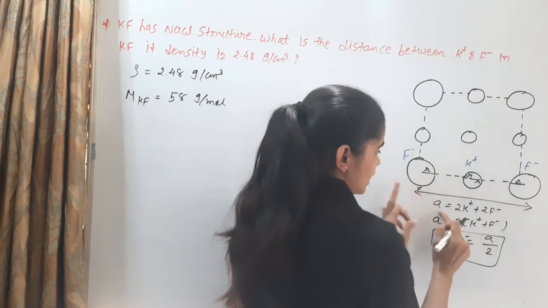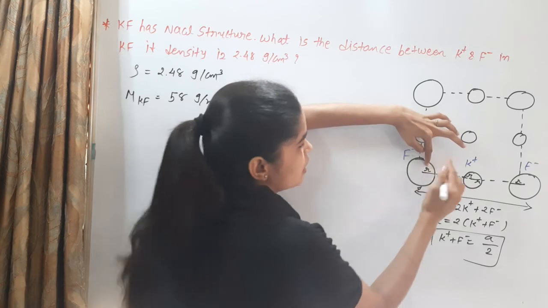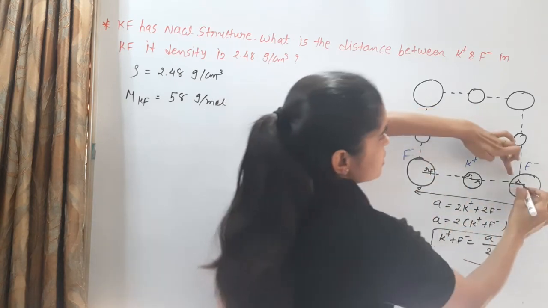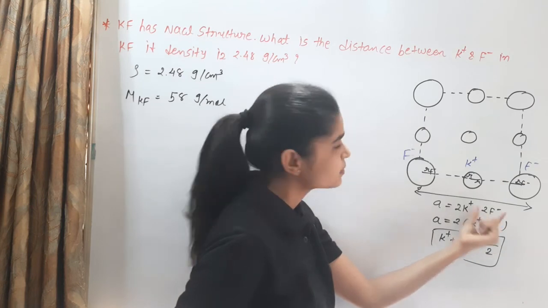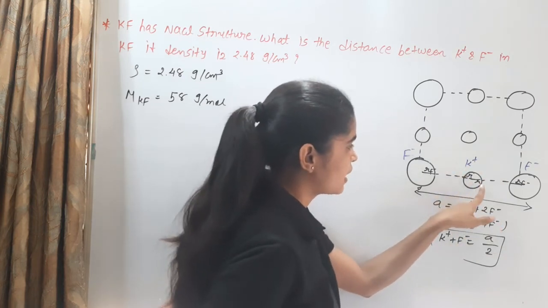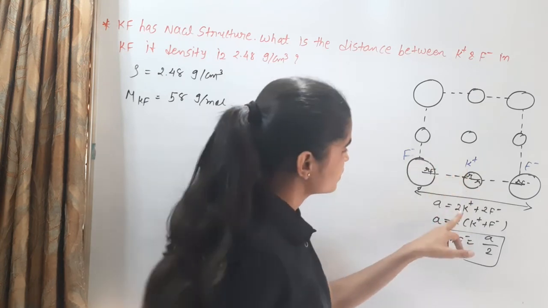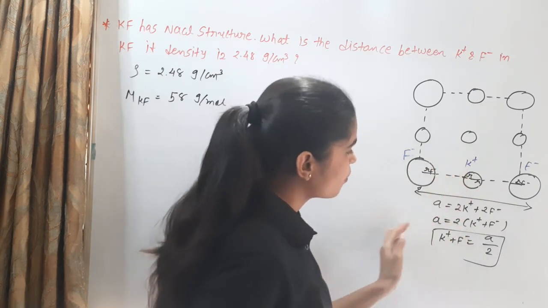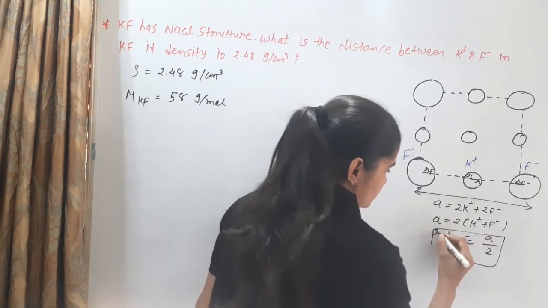Total distance A is this R value, first RF minus, this is RF minus. So this is 2 RF minus and this is the K plus R and R. So A by 2 gives the K plus and F minus distance.